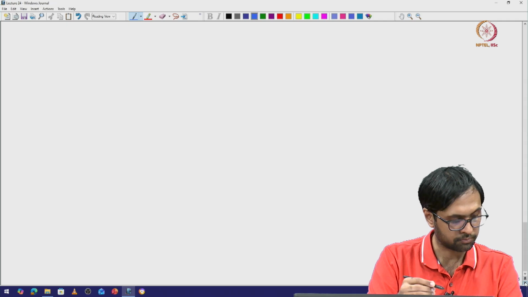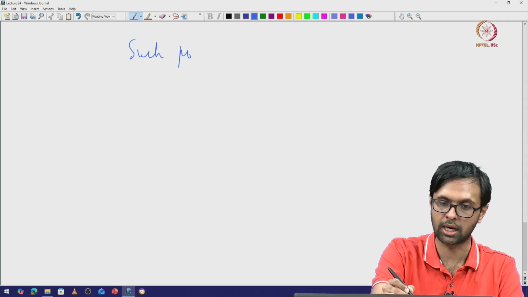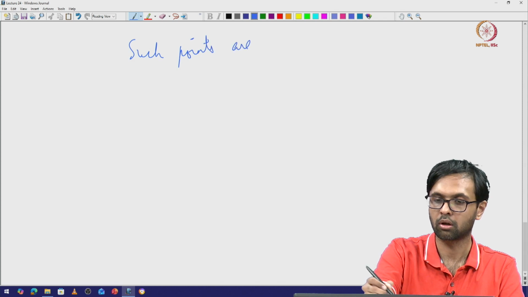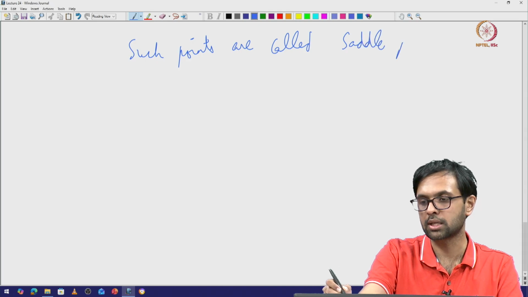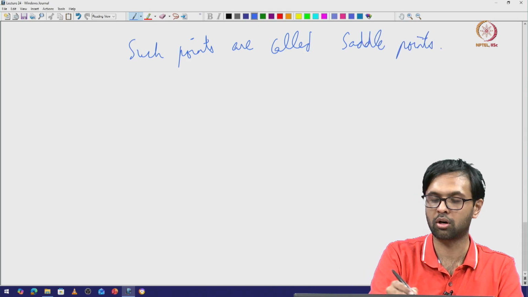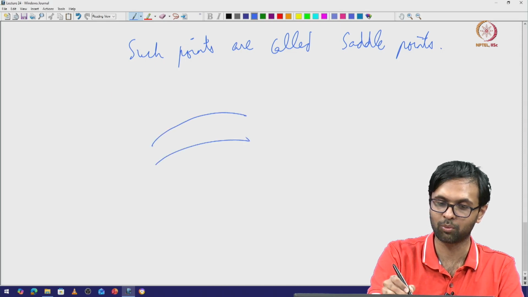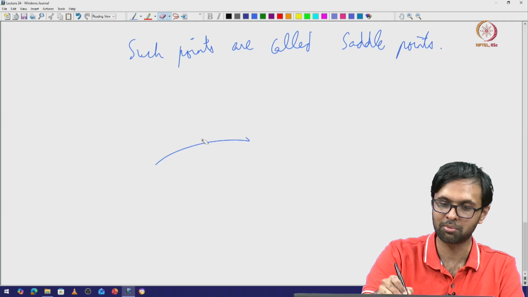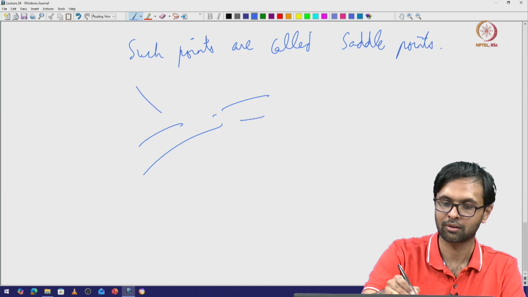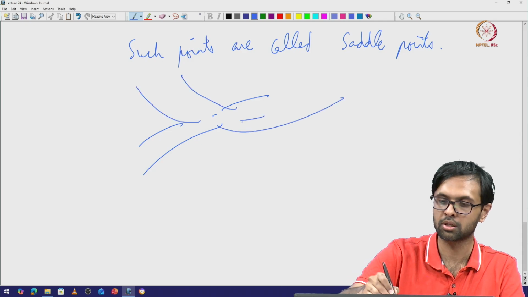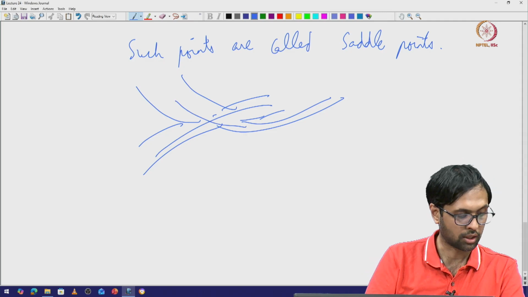The second point is that such points are called saddle points. The reason they're called saddle is because it's like a horse saddle. Let's not rely on my drawing skills, but if you were to indulge me, it's something akin to this. In one direction it's increasing, in the other direction it's decreasing, so it's like a horse saddle.